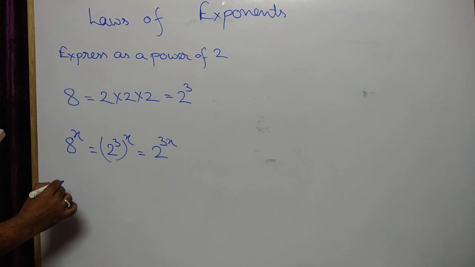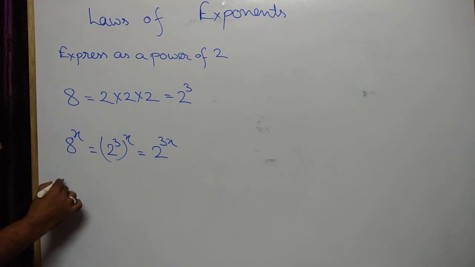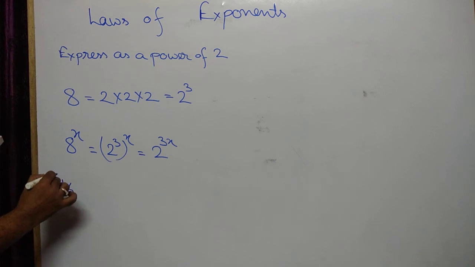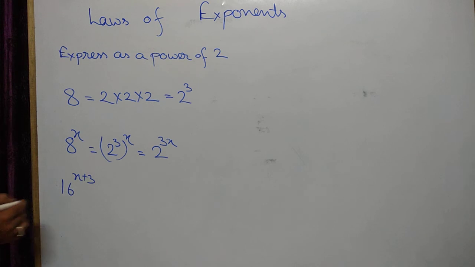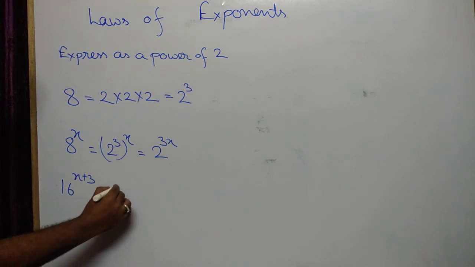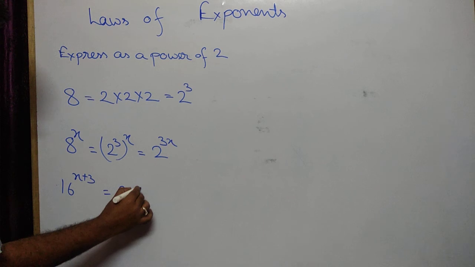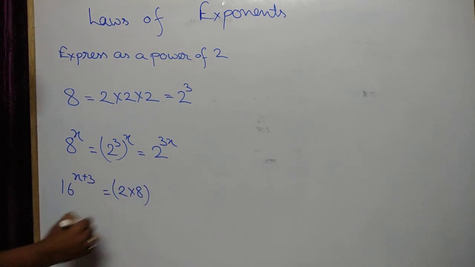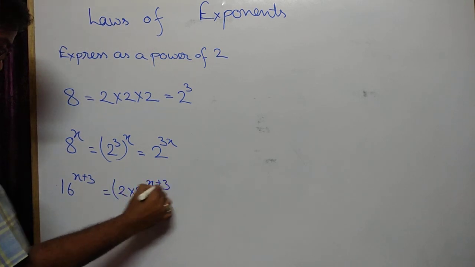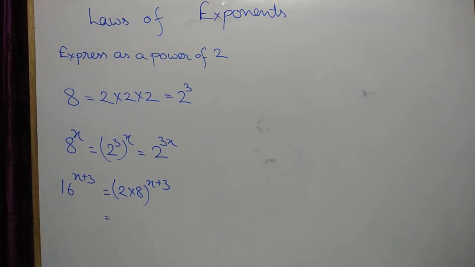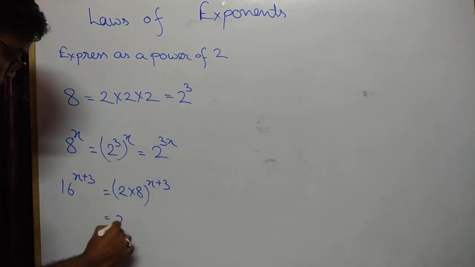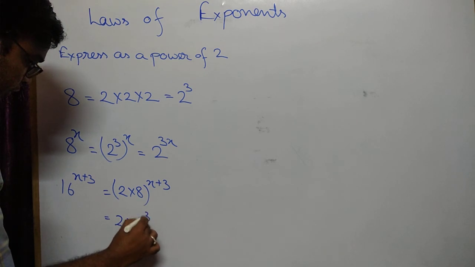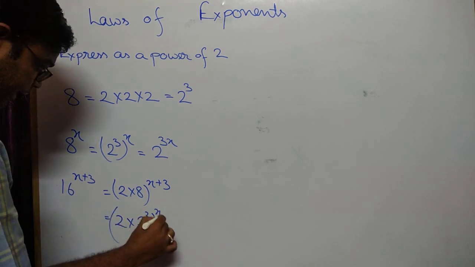Then 16 into 8 to the power x plus 3. How do we write this one? As we know that 2 into 8 is 16. And we know that 8 equals 2 to the power 3. So 2 into (2 to the power 3) whole to the power x plus 3.